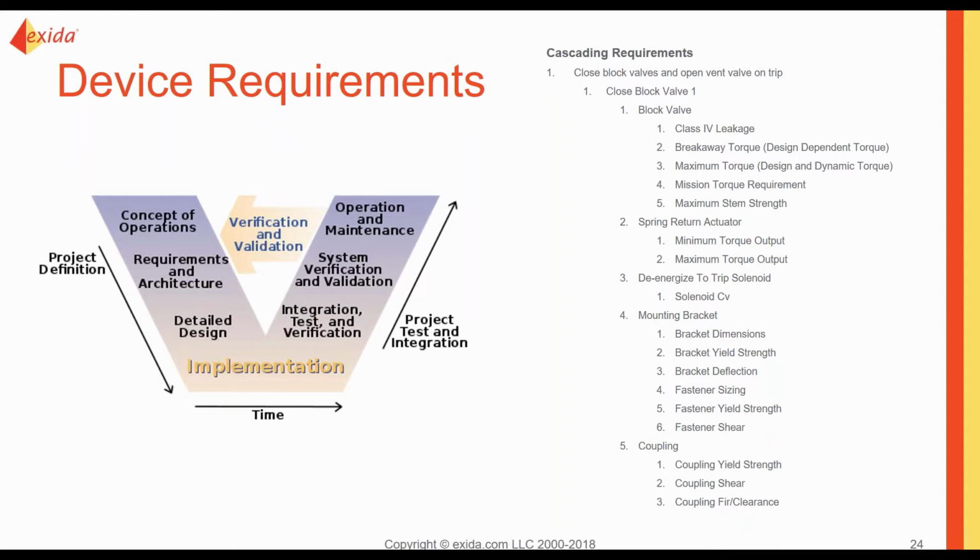So we really should have a cascading requirement step. From the SRS, we have, close block valve and open vent valve. We said it was NFPA 85, so we know we have 2 block valves and 1 vent valve.